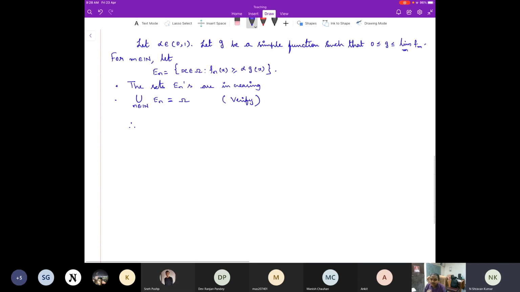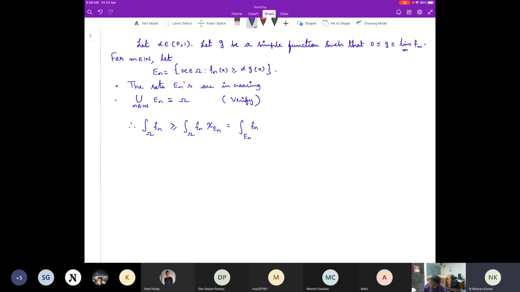Therefore, having observed these two, the integral over omega of f_n is bigger than or equal to the integral over omega of f_n chi_(E_n), which is the same as the integral over E_n of f_n. I am dropping this d mu because it is clear that we are integrating with respect to the measure mu.